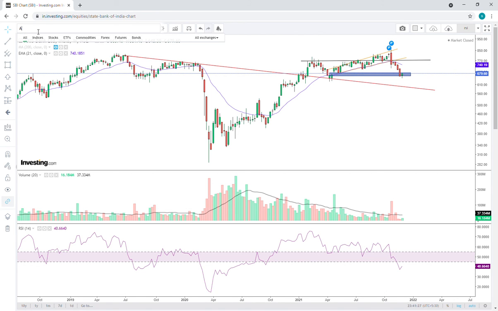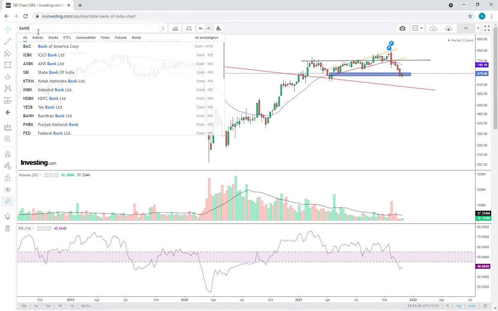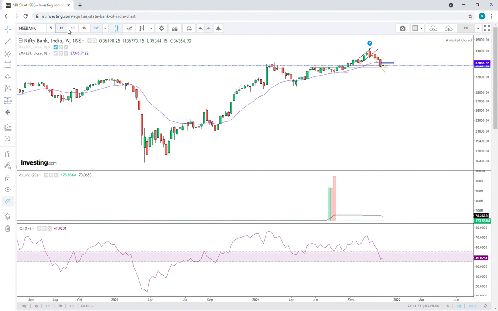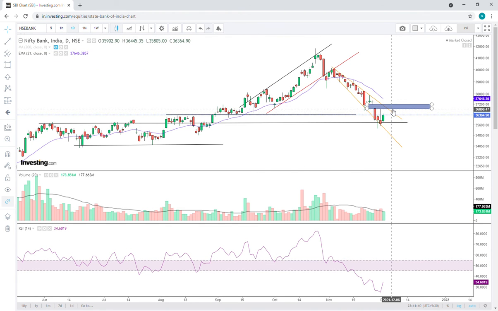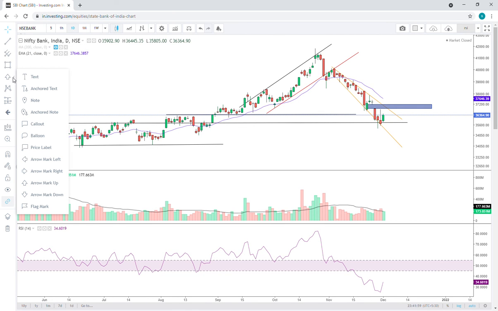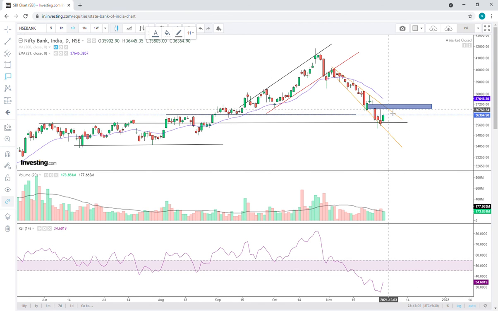Again, I'm coming to Bank Nifty. See, 36,832 is the upper range of the channel.